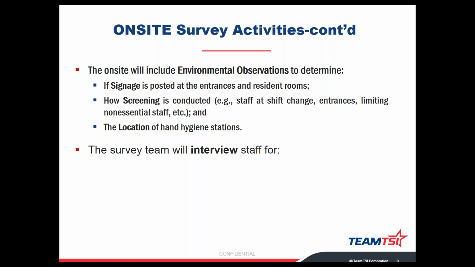Now, one of the things before we jump into the interviews we were talking about in the environmental observations as well is a lot of times there's an oversight or a missed opportunity in looking at the technology that we're using. We all know phones are very primary sources of infection material, but also the kiosks in the hallway that are being used to document if you have electronic care tracker or POC.